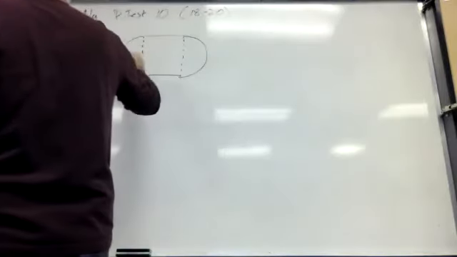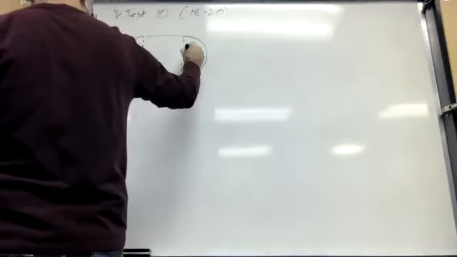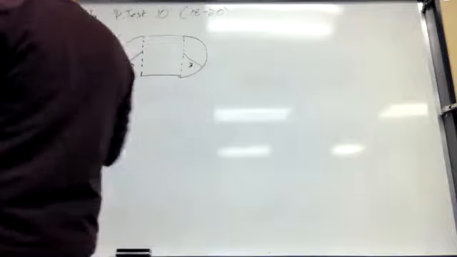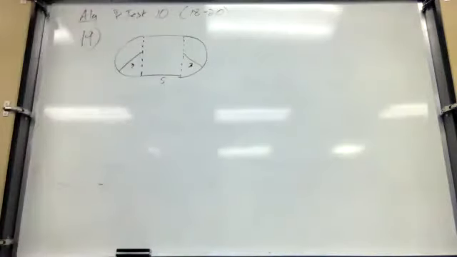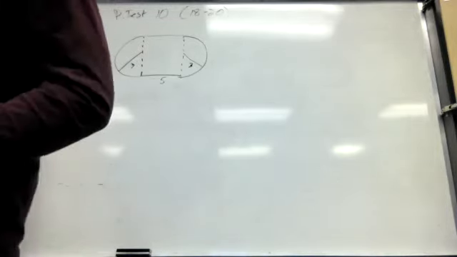Some dimensions. I think what's cool about this is we could just cut these ends off, put the circle together to make one circle. But that's going to confuse you. If I was finding the area, that would be what I would do.